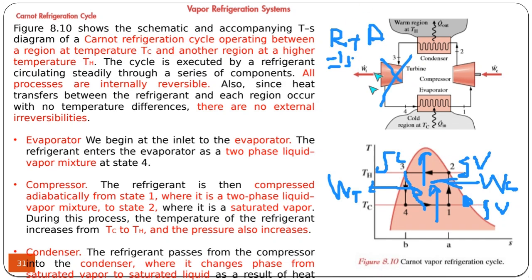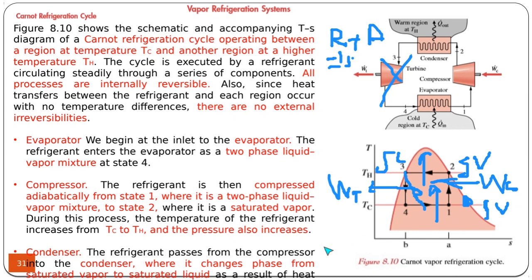Similarly, the turbine cannot be operated with a mixture, so instead of a turbine that will produce some work for the energy requirement of the system, we can just remove the turbine and install an expansion valve, because at the end we would like to reduce the temperature of this saturated liquid to a low temperature so that it can evaporate and absorb heat from the surrounding.